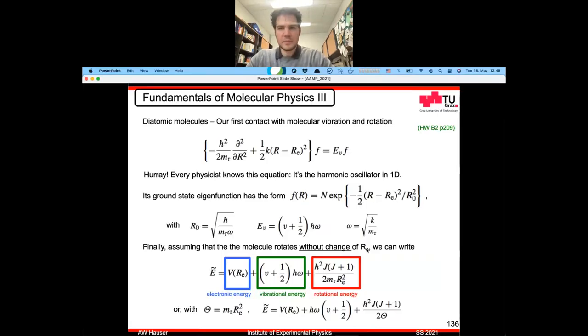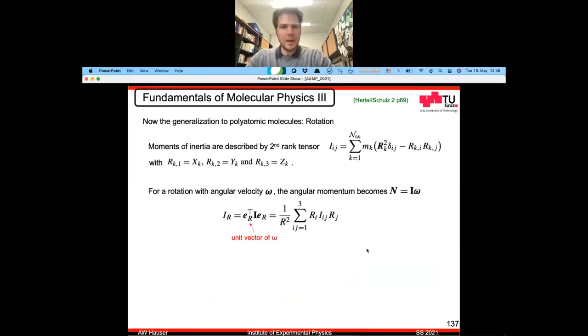Okay, so that's that. And now we are going to generalize this a little bit and make the switch from diatomics to polyatomic molecules, first by looking at rotation.